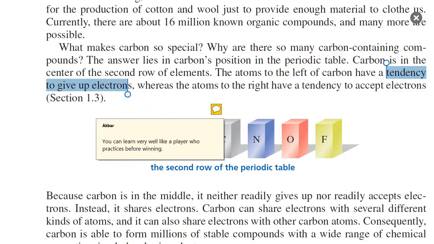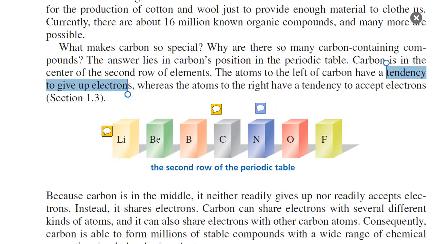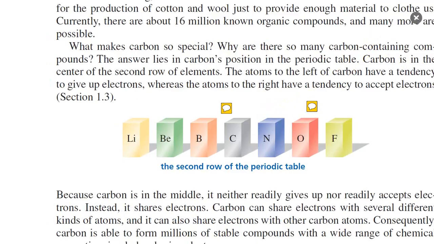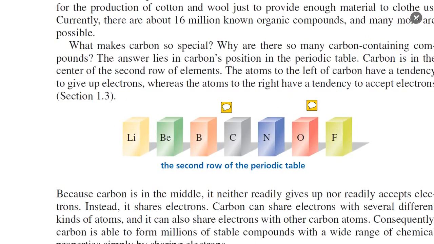The atoms on the other side attract electrons more. They love electrons and don't let them go, but they accept electrons. So these atoms can accept electrons. They have that tendency.